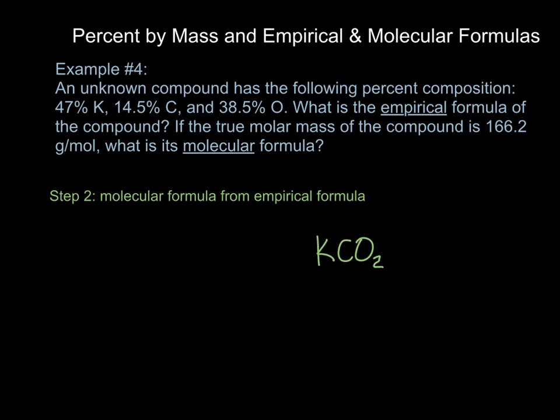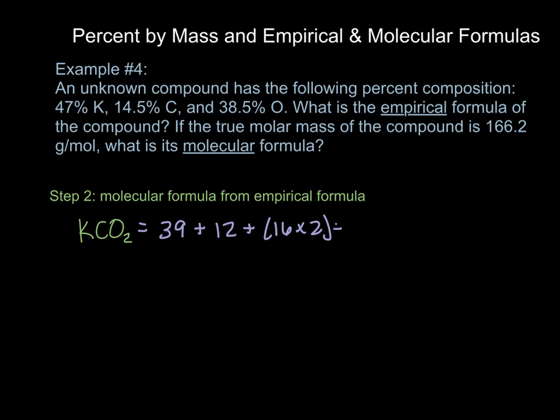The first step in that process says that I need to find the molar mass of my empirical formula. And the molar mass of my empirical formula is my molar mass of potassium plus my molar mass of carbon plus my molar mass of my 2 oxygens, and I get 83 grams per mole.